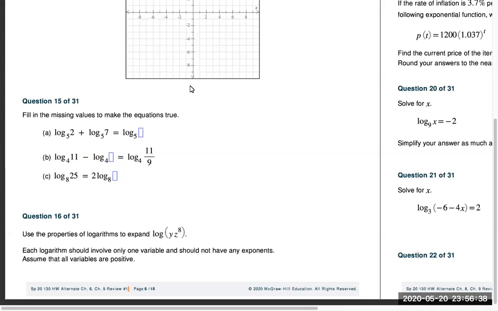Just a quick overview for you. This is the homework alternate assignment for chapters 8 and 9. Today we're going to go over the logarithmic rules.